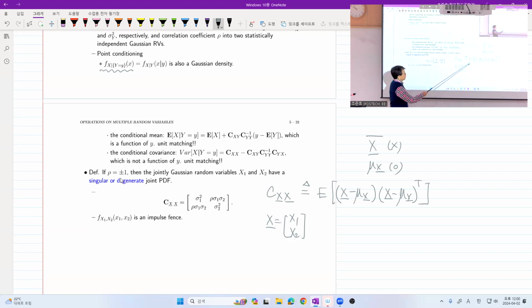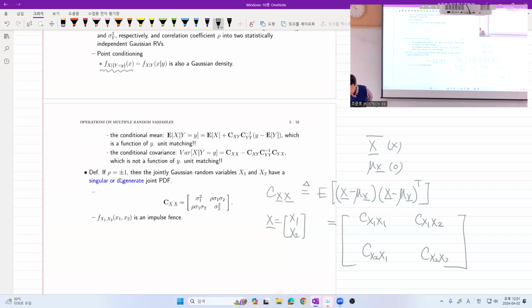And since vector x has two components, x1 and x2, you can show easily that it is a 2 by 2 matrix that is simply Cx1x1, Cx1x2, Cx2x1, Cx2x2. Be careful. Each entry or element is the covariance of two random variables.